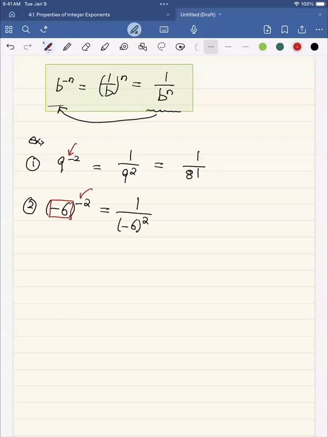Because of this negative power, we wrote the base number in the denominator. What does that mean? That means negative 6, the base number, is multiplied twice. So it is 1 over 36 because negative negative will make positive.